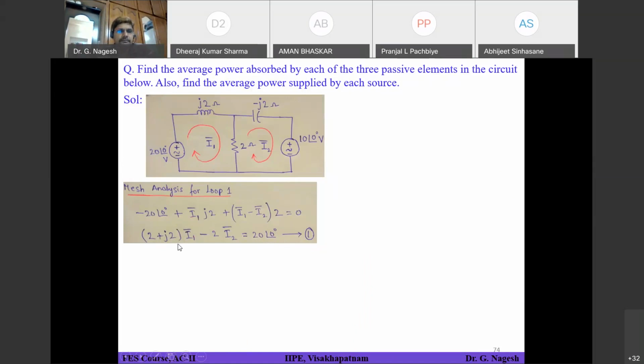Okay. So it starts from this loop. Okay. So you are going to get plus J2 plus I1 minus I2 into 2 and minus 20 at an angle of 0 degrees. So if you could write in this fashion, this will be your equation 1. Did anyone get this or not?